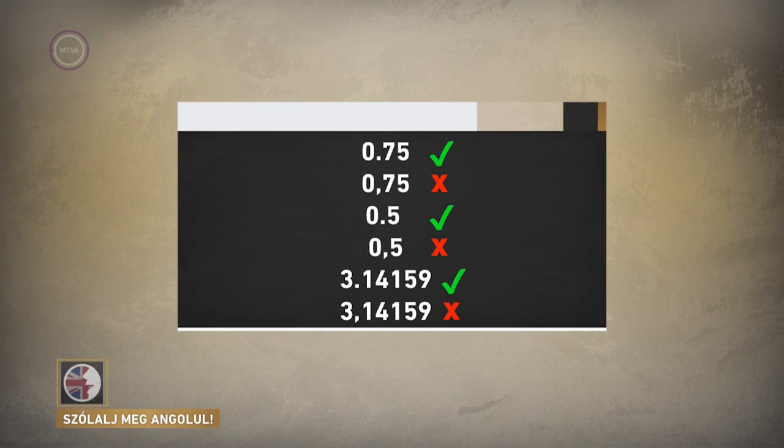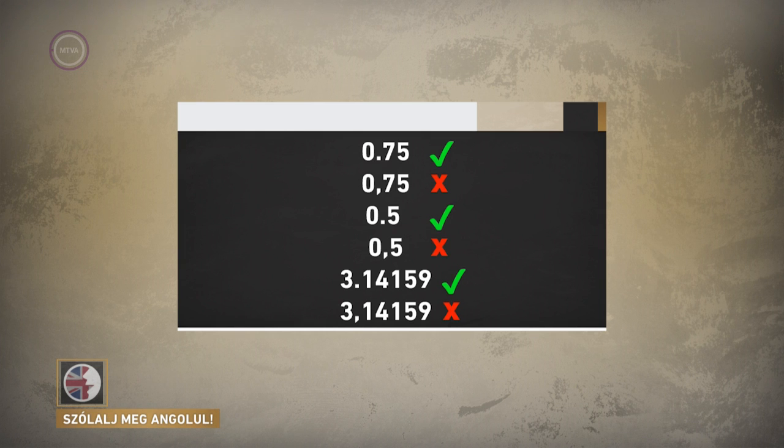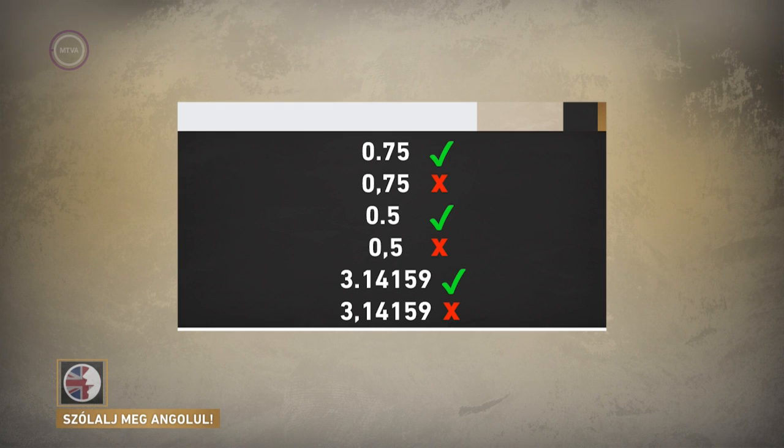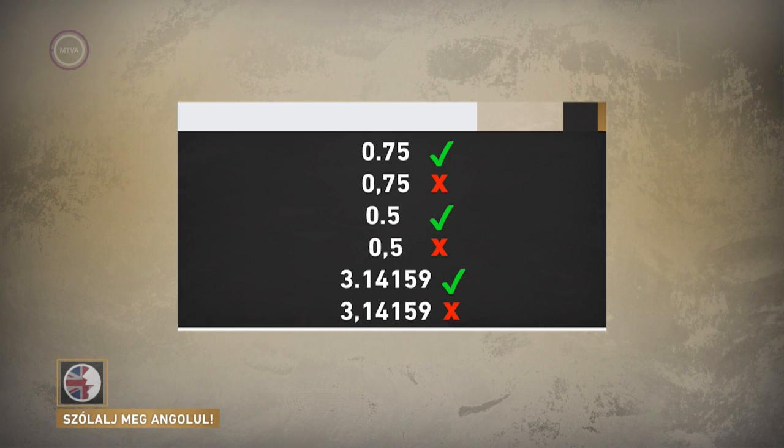Now, another important thing we have to remember is that when we're using decimal fractions, we have to put a point before the fraction, not a comma. It's 0.75, not 0,75; 0.5, not 0,5. Pi is 3.14159, not 3,14159.